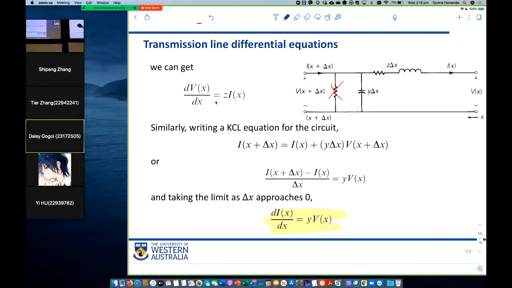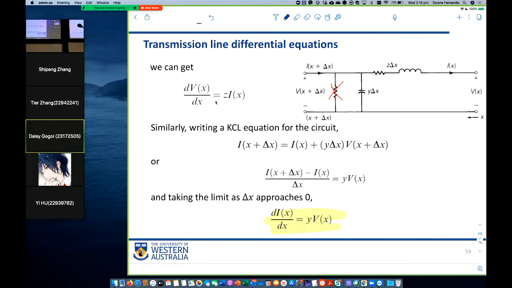The current through the shunt capacitor is the admittance Y delta x times the voltage, which is Vx plus delta x. So Ix plus delta x must equal Ix plus Y delta x multiplied by Vx plus delta x. Voltage times admittance is the current.